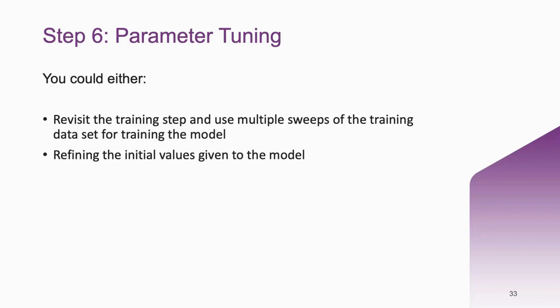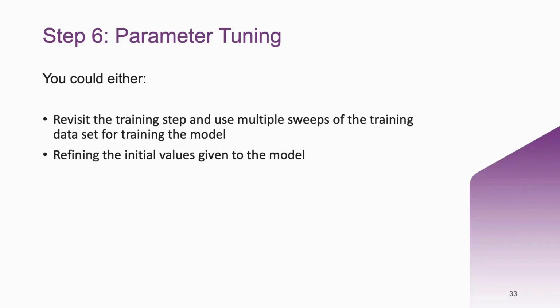And there are 2 ways we can go about improving the model. Firstly, you could revisit the training steps and use multiple sweeps of the training data set for training the model. This is because it could lead to greater accuracy, as the longer duration of training provides more exposure and can improve the quality of the model.